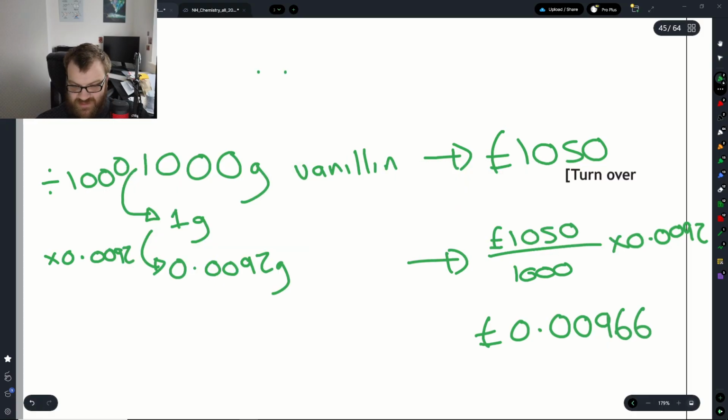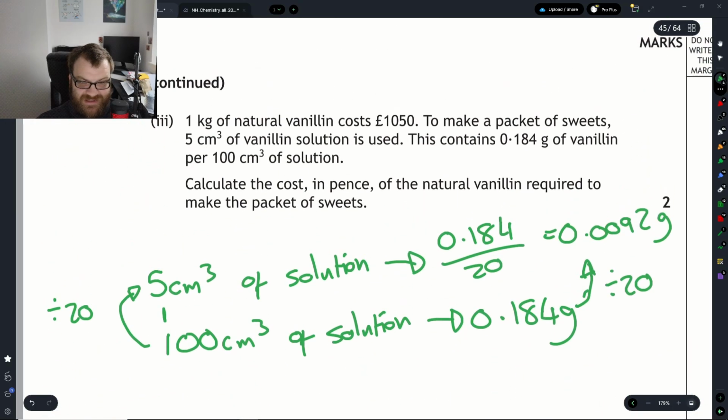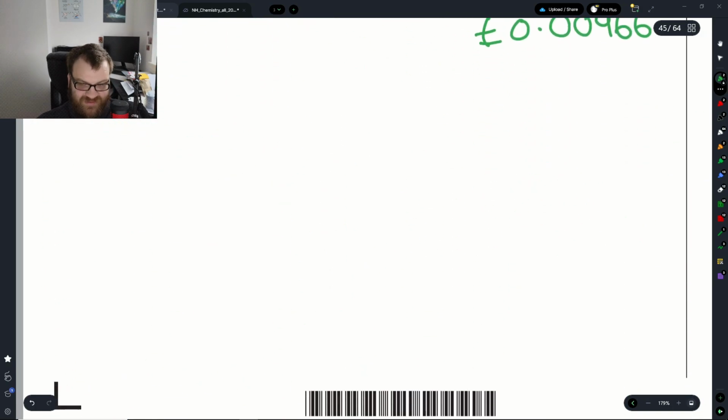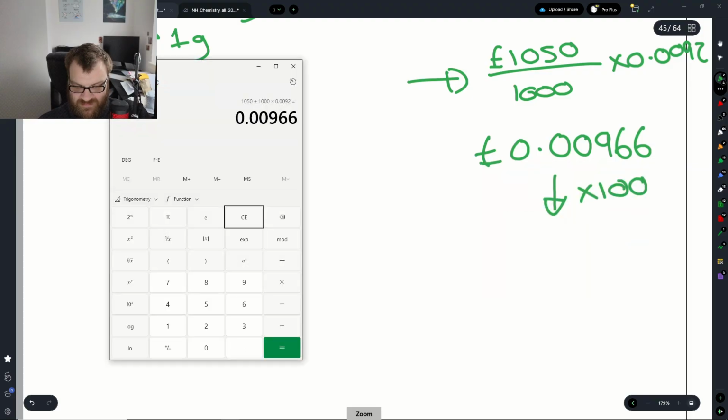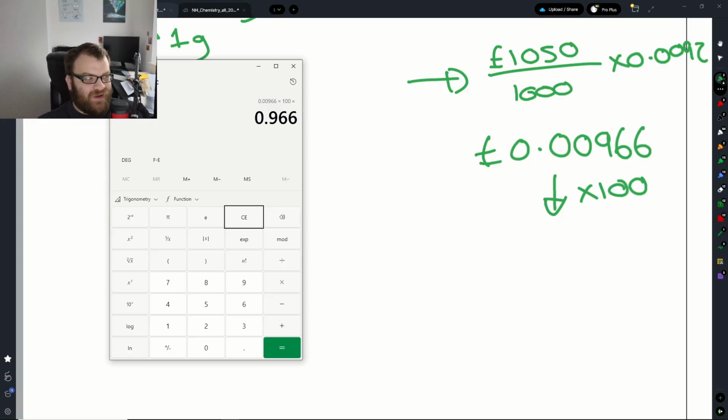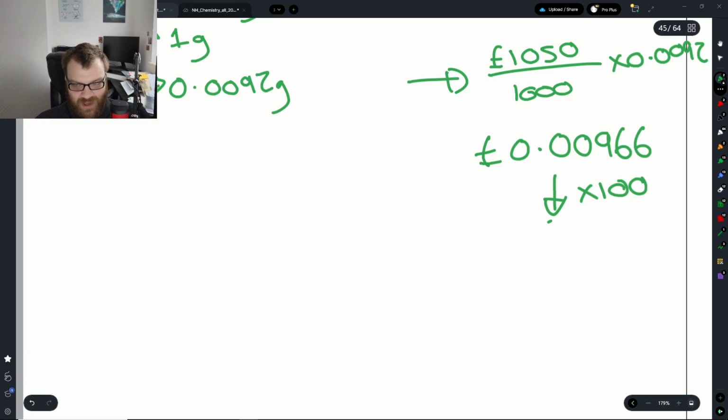Six pounds. The question asks for it in pence, so we need to convert between pounds and pence. There are 100 pennies in a pound, so I want to times that by 100. That gives you 0.966 pence. Round it up to pennies because you can't get that amount of pennies. You would round it to the nearest penny, which would be 1 pence.